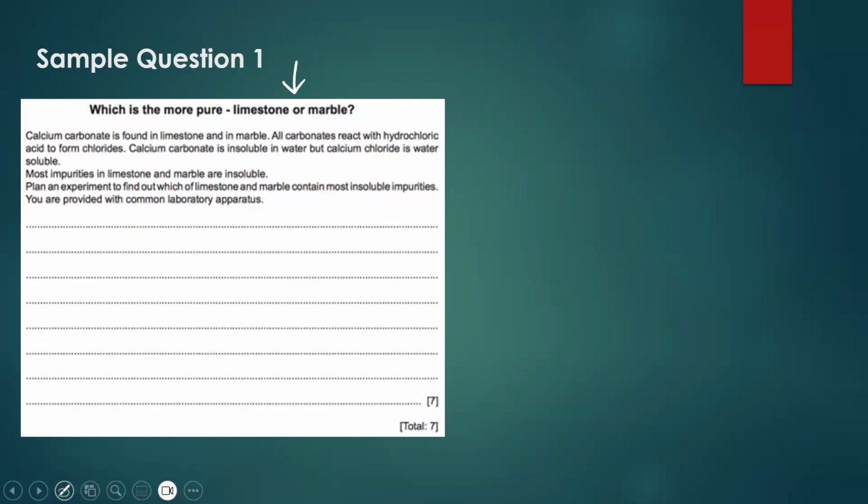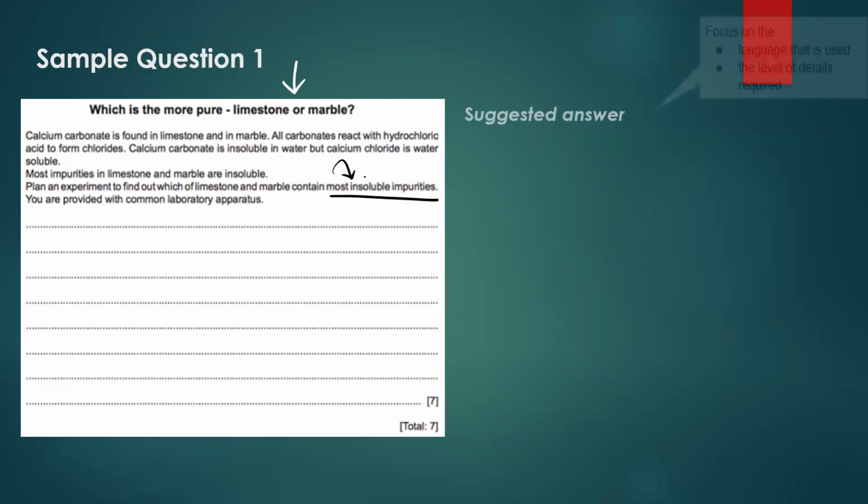Calcium carbonate is insoluble in water, but calcium chloride is water soluble. Most impurities in limestone and marble are insoluble. Plan an experiment to find out which of the limestone and marble contains most insoluble impurities.